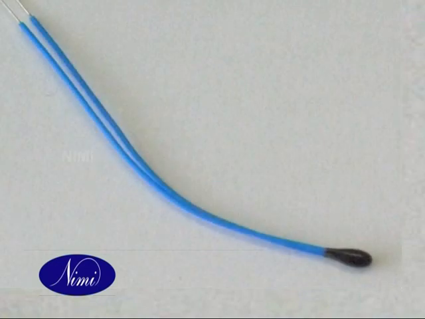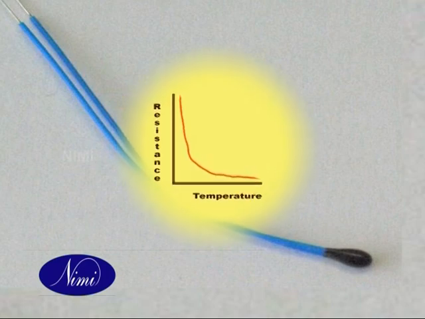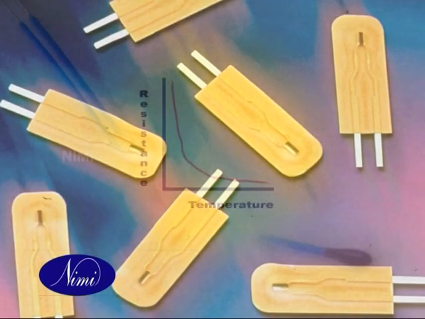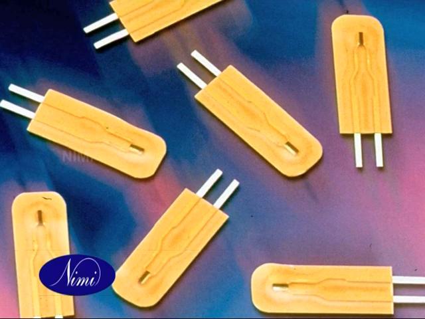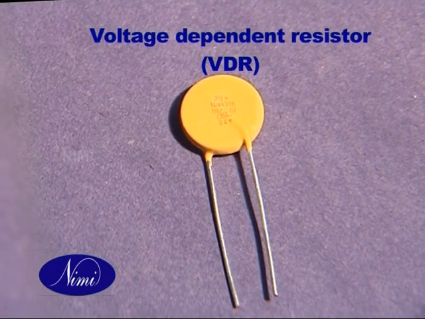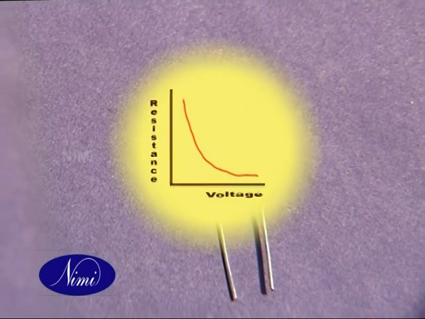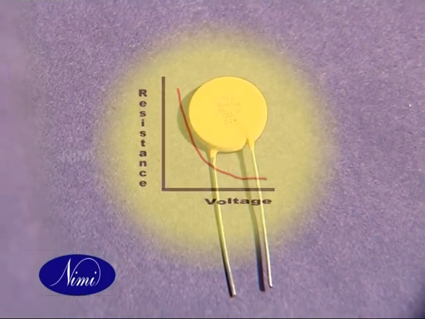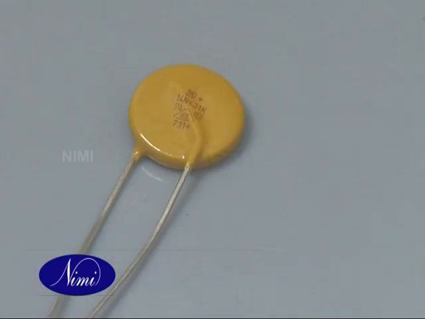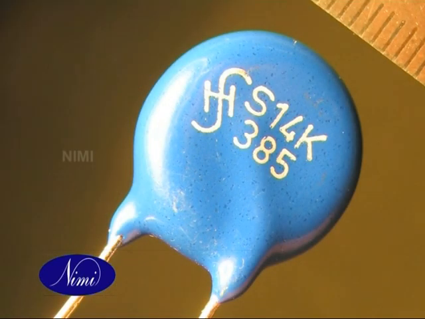In NTC resistors, as the temperature increases, the value of resistance decreases non-linearly. In VDR resistors, the resistance falls non-linearly with increasing voltage. VDRs are used in voltage stabilization, arc quenching, and overvoltage protection.